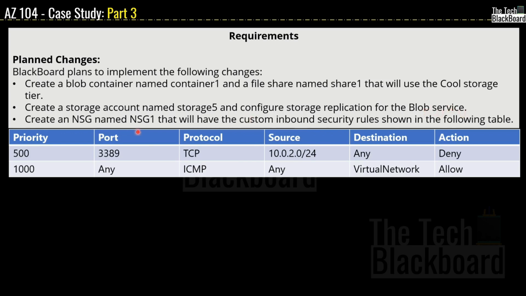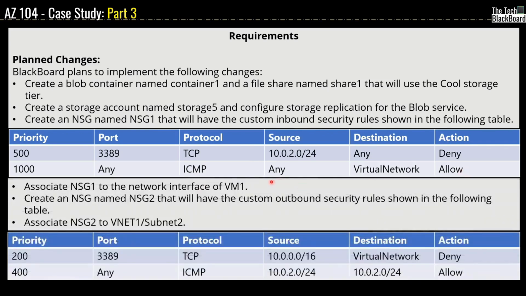The last planned change is to create an NSG. What is NSG? NSG is a network security group named NSG1 that will have the custom inbound security rules as shown in the following table. So here we are given the custom inbound security rules. We are given priority, port, protocol, source, destination and action.